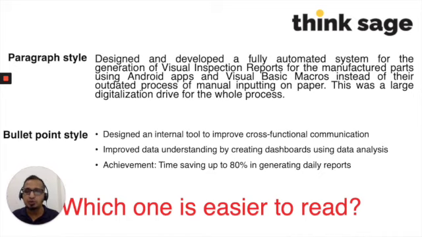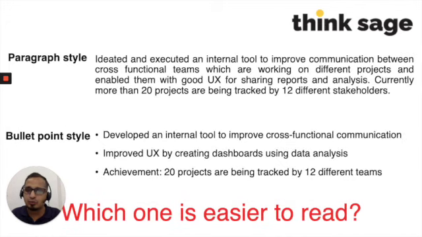So what you need to do is break that paragraph into 2 or 3 bullet points the way I have done here. It says the person has designed an internal tool, improved data understanding, and achieved something out of it. So it clearly makes the hiring manager read 3 different pieces of information from the same paragraph, which otherwise would have gone completely unnoticed. Let's look at one more example.